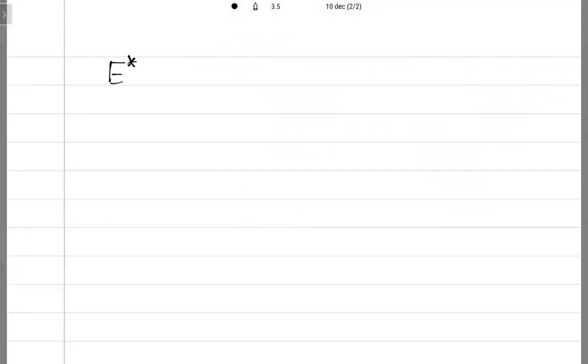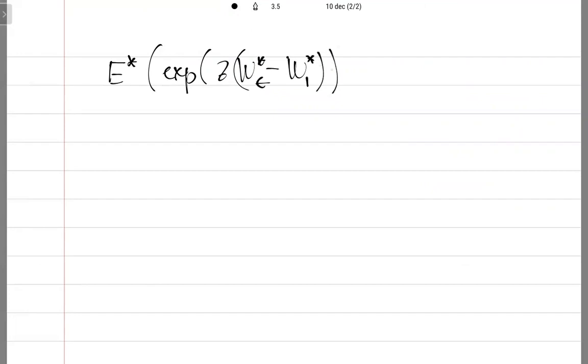We need to calculate the expected value of the exponent of sigma Wt minus W1 star. Basically this has the distribution of W t minus 1. Why is that?